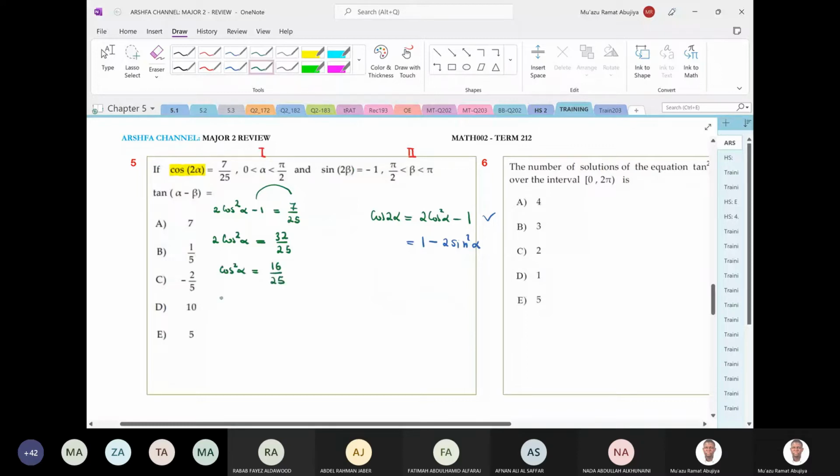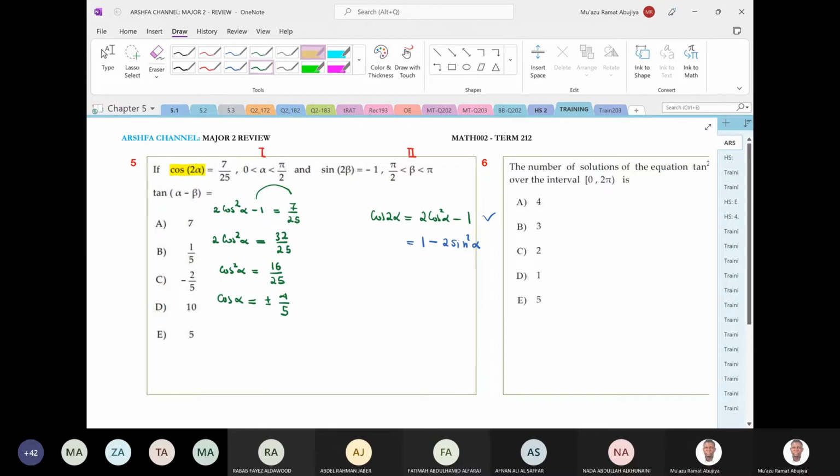Now we have here cosine of alpha is equal to plus or minus square root of 16, which is equal to 4, divided by square root of 25, which is equal to 5. Now I'm in trouble. Plus or minus? Should it be plus or minus? No. We are dealing with which quadrant?